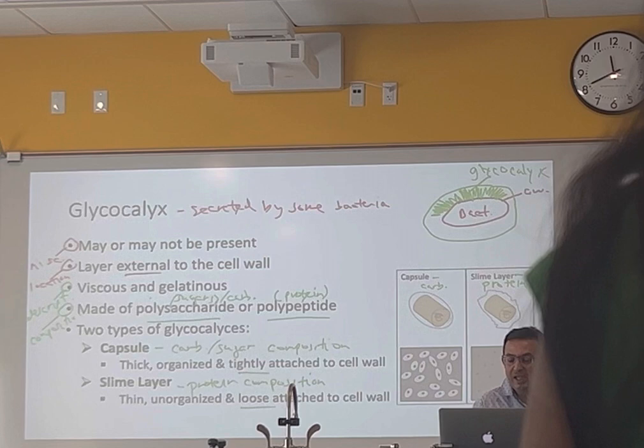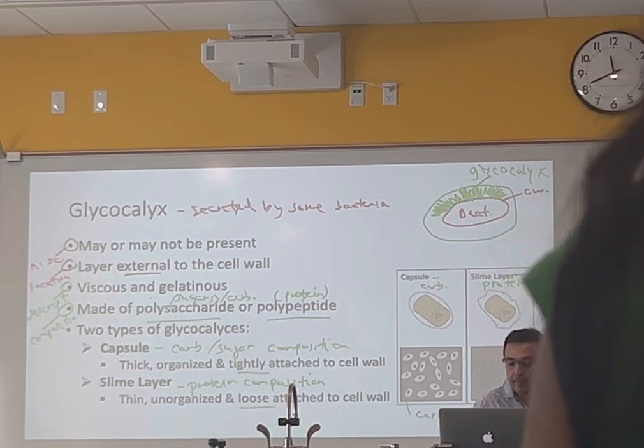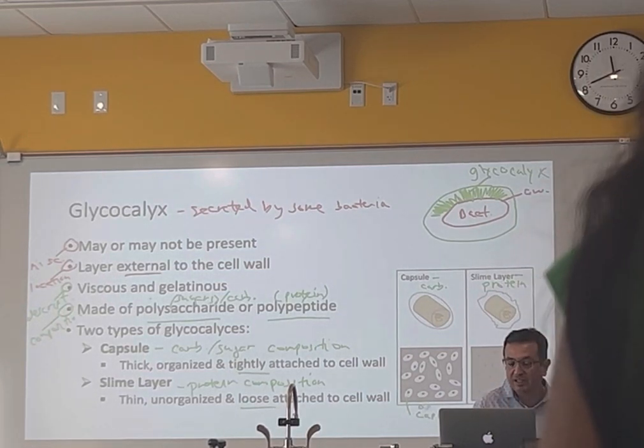When you look at capsules, the capsule glycocalyx under the microscope, it's going to have sort of this appearance here. We'll do a lab in a couple of weeks where the clear area is your capsule, or glycocalyx capsule.